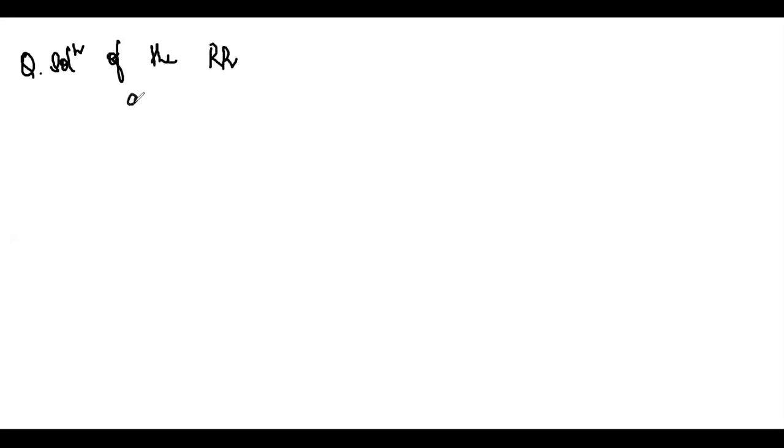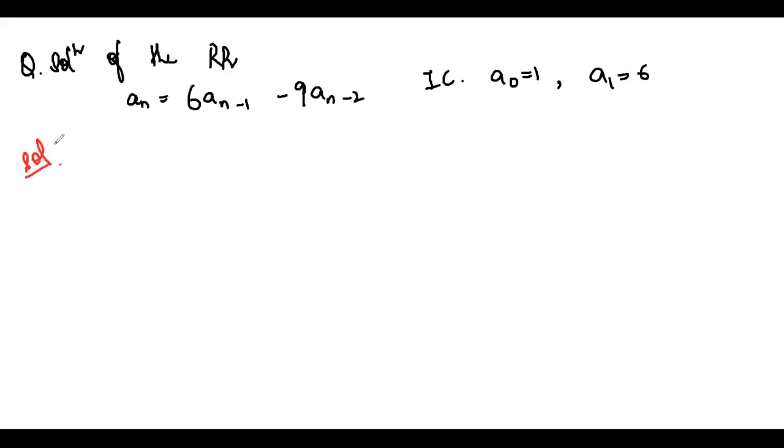The recurrence relation is given as follows: an is equal to 6an minus 1 minus 9an minus 2, and initial conditions are given as a0 is equal to 1, a1 is equal to 6. Now in this case, first and foremost, we have to find the characteristic equation. So I'll just mention the steps: characteristic equation, characteristic roots, general solution, then finally finding alpha 1 and alpha 2. This is the way to do the problem.